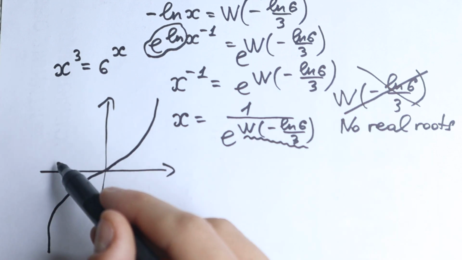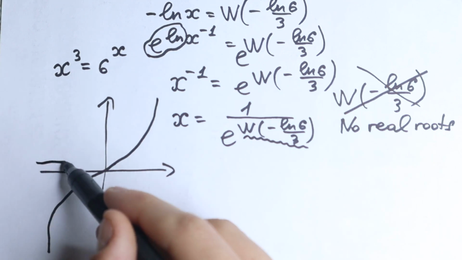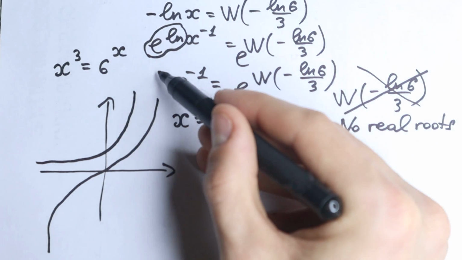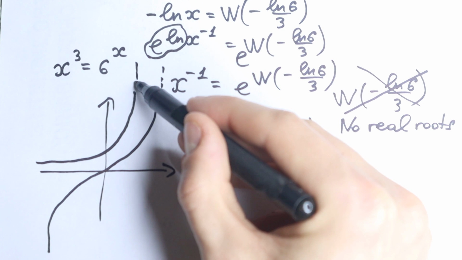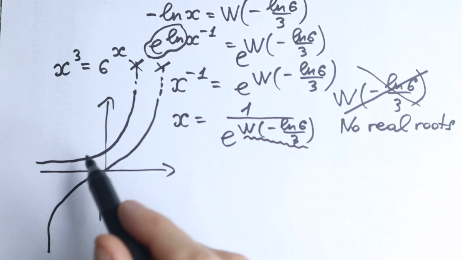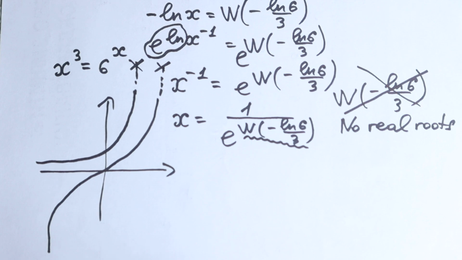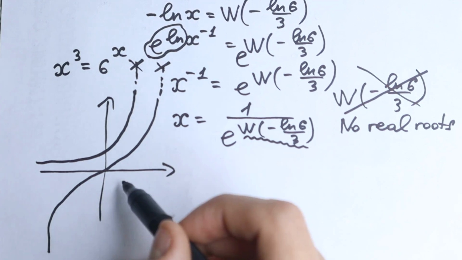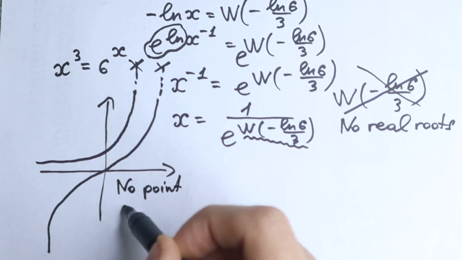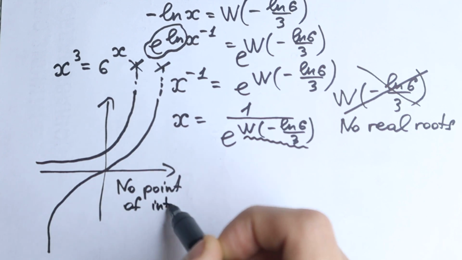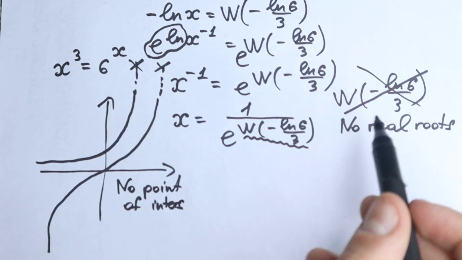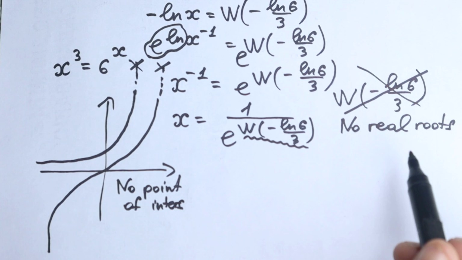So it approximately looks like that. As you can see, this goes to infinity and this goes to infinity, but we don't have any point of intersection. So these lines do not intersect. So we can write right here, no point of intersection, and of course no real roots but complex roots.